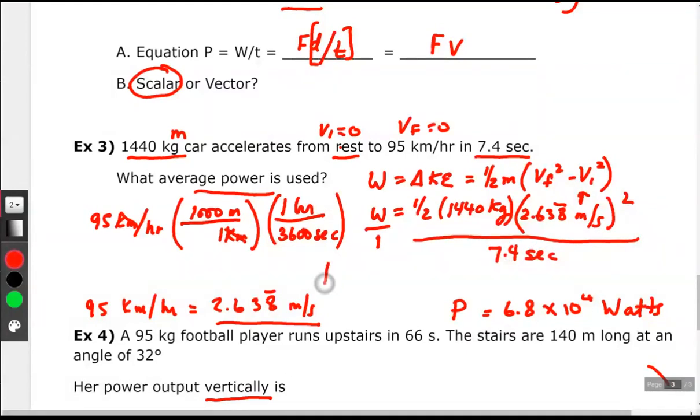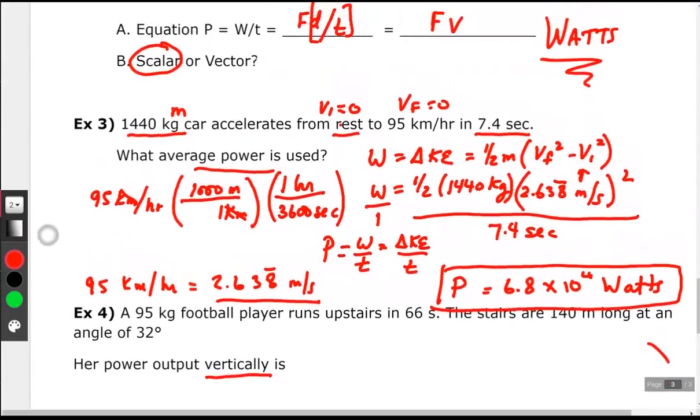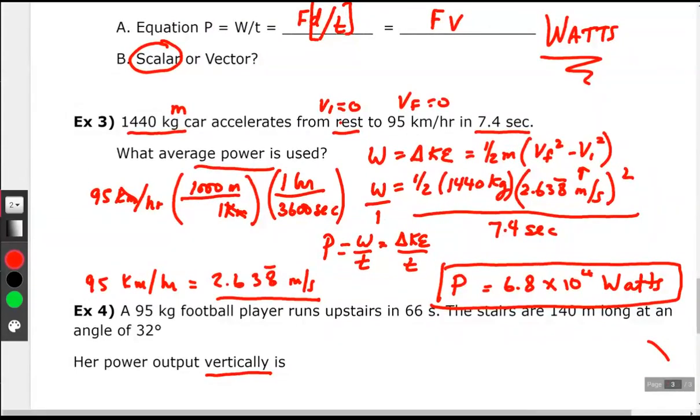Because remember, power is the rate at which work is being done. How did I find the work? I found the change in kinetic energy. So there you go. Turns out to be this is the power. And the units for power, I didn't say this already, are watts. That's the metric unit for power, watts. So once again, this is a car.